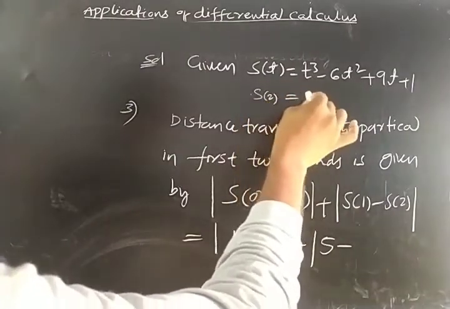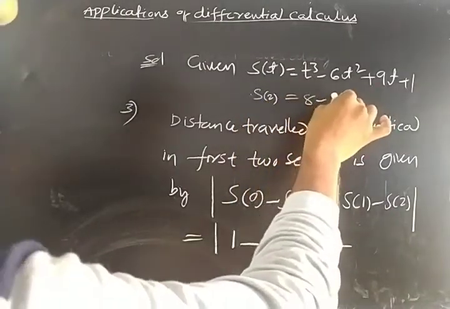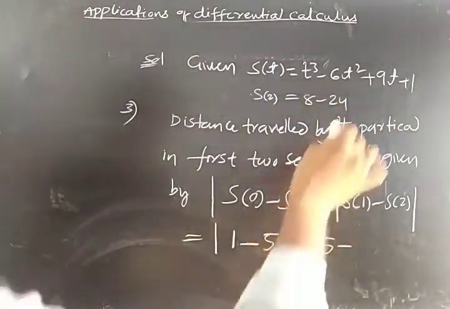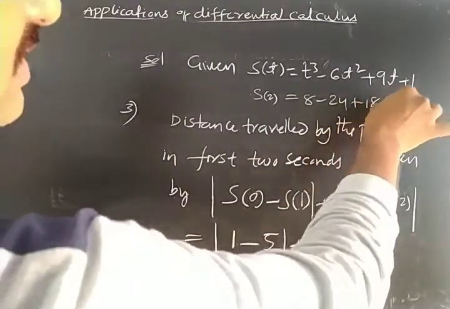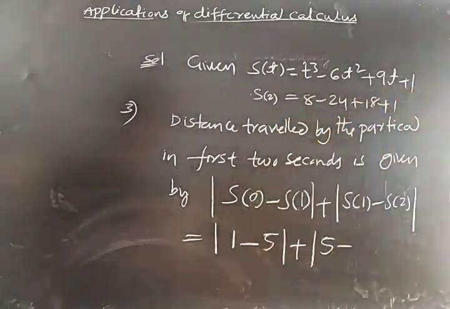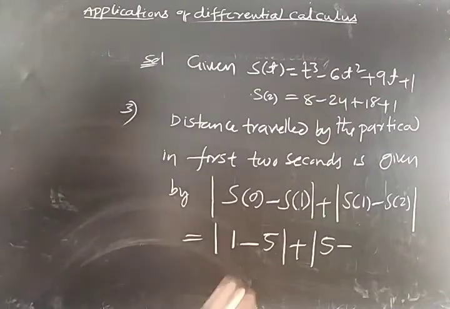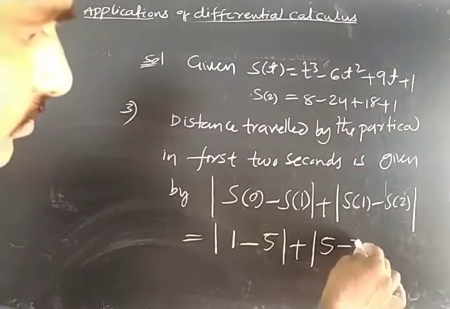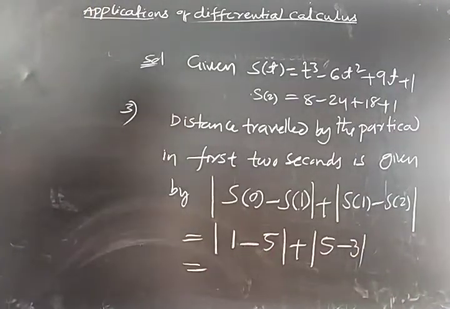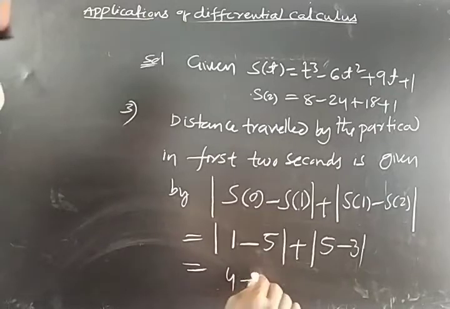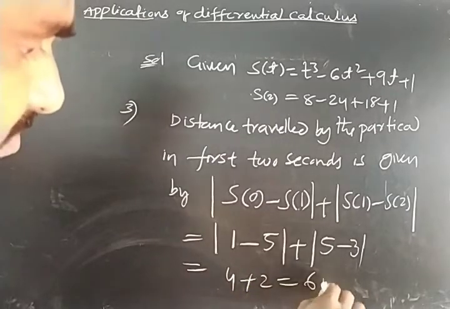What is the value of s of 2? 8 minus 24 plus 18 plus 1, that is 3. So 1 minus 5 is 4 in magnitude, and 5 minus 3 is 2. So 6 meters.